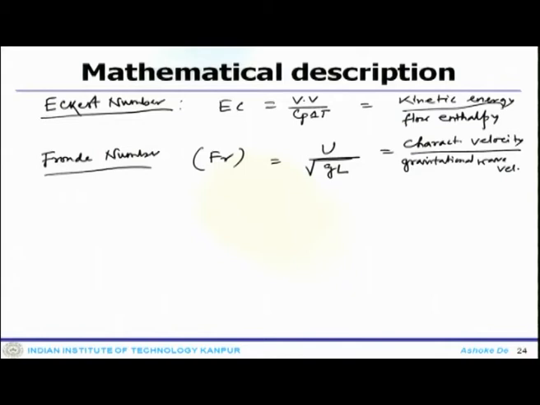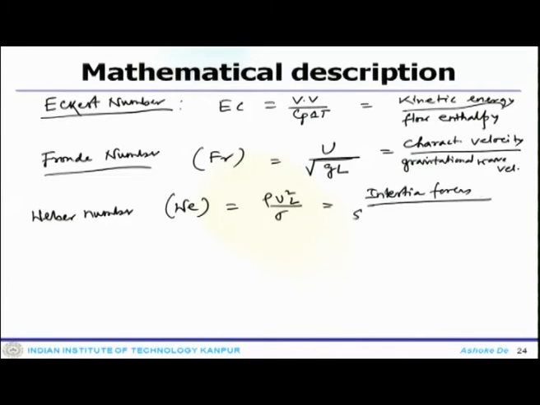And when you deal with a multi-phase system, then you come across the Weber number, which is rho U square L by sigma, which is the ratio between inertia forces to surface tension forces.